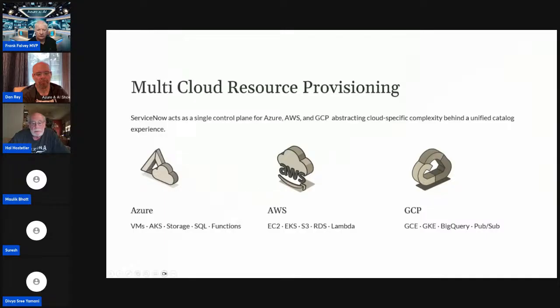And multi cloud resource provisioning. Another important enterprise challenge is multi cloud complexity. There are different systems that we use, and they are all on different clouds. Like in this example, we see different cloud providers: Azure, AWS, and GCP. Each cloud provider has a different set of APIs to interact with, provisioning workflows, governance models, and terminology, everything.